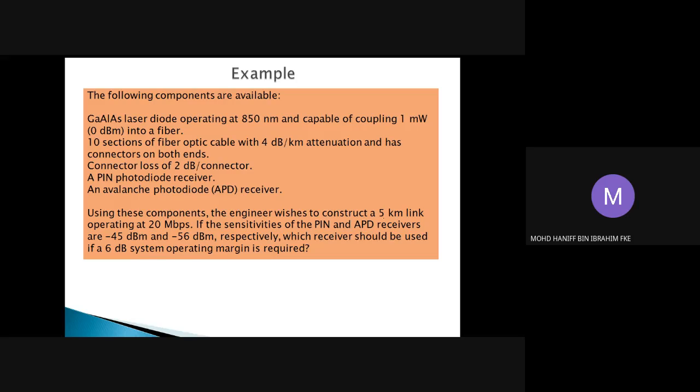If the sensitivities of the PIN and APD receivers are negative 45 dBm and negative 56 dBm respectively, which receiver should be used if a 6 dB system operating margin is required? So we have to choose either the PIN photodiode or the APD receiver.